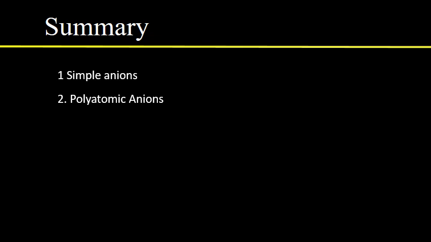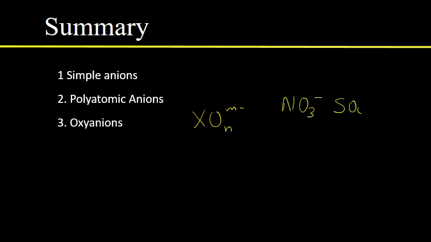And among that group of polyatomic anions, there are a bunch of oxyanions, which have formulas that look like this. You know, this includes nitrate, sulfate, and phosphate, and so on and so forth.